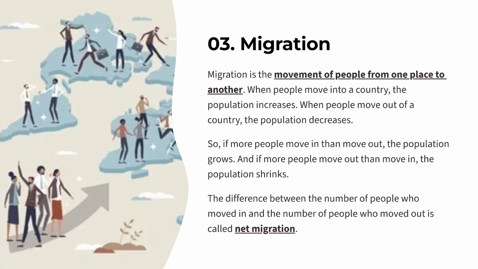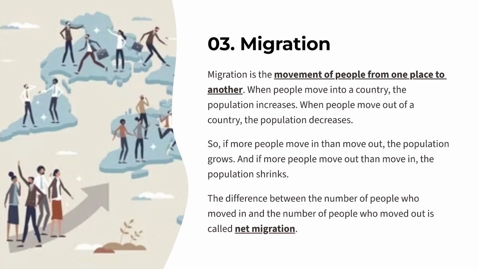But when people move out of a country, the population decreases. So if more people move in than move out, the population grows. And if more people move out than move in, the population becomes smaller. The difference between the number of people entering and leaving a country is called net migration.